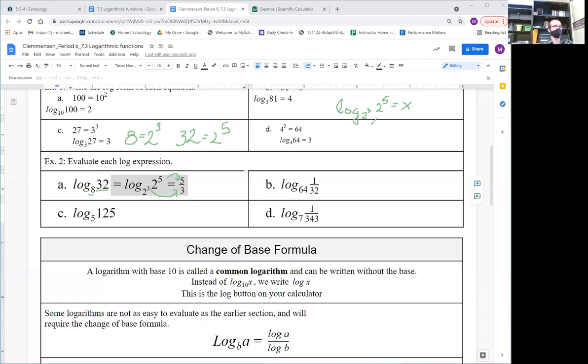I can rewrite this using my log form as 2 to the third times x equals 2 to the fifth. Since our bases are the same, we can cancel those out and we just get 3x equals 5. We end up with x equals 5 thirds. This is another way you can do this if you don't like my cheater method.